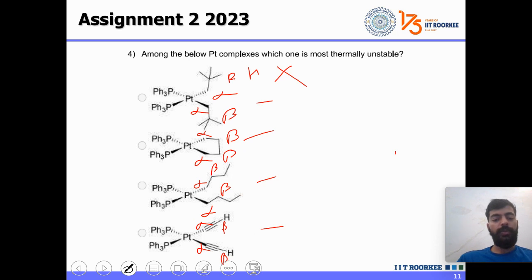Here we have beta hydrogen, but it is arrested due to a ring formation. It cannot move. So this one also. If we see here, here we have beta hydrogen which can go elimination. And if it goes to elimination, this is the most unstable. And here also, no beta hydrogen, that's why it is also stable.